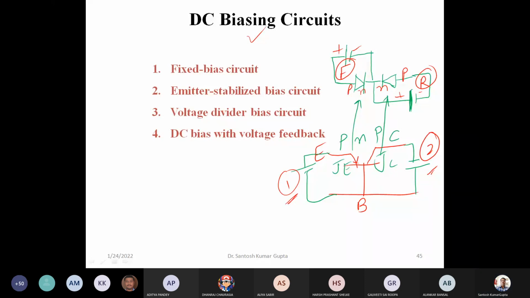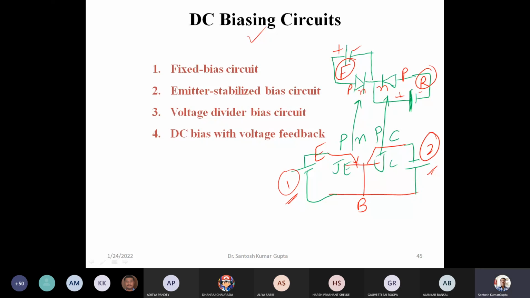Each particular biasing circuit has some advantages, and sometimes also some disadvantages. Depending on the application, we can choose a particular type of biasing circuit, and sometimes some modifications are done in these biasing circuits to cater to different characteristics.